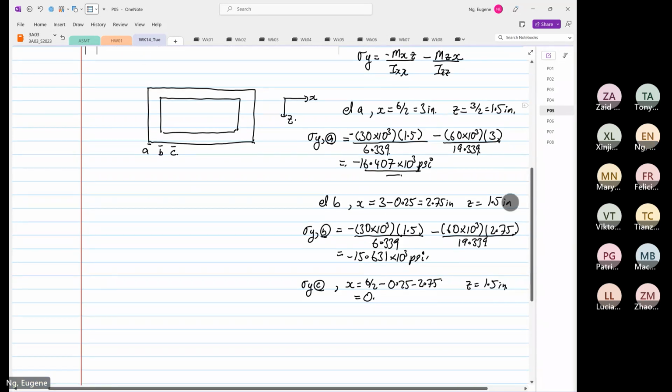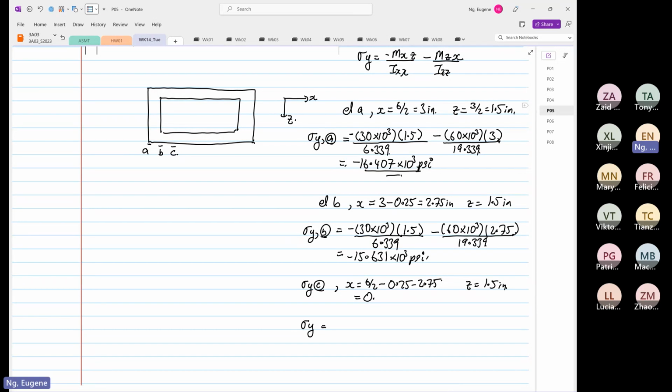Okay. So we do stress y is equal to mx. So mx is equal to 30 times 10 to the power 3 multiplied by Izz divided by 6.339. And then again, this minus, but we realize that this is equal to 0, so 60 times 10 to the power 3 mz multiplied by x distance.